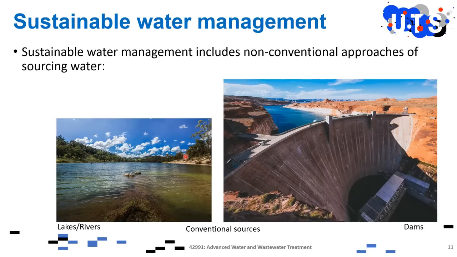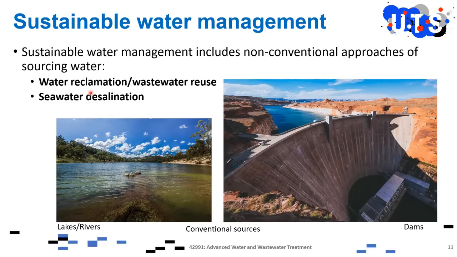But there are some non-conventional or unconventional approaches, and these are water reclamation or wastewater reuse and seawater desalination. So the sources will be from wastewater, and we are turning wastewater into something useful. So we're reusing the wastewater and making it into useful water. And so the quality of the wastewater will be improved based on new technologies.